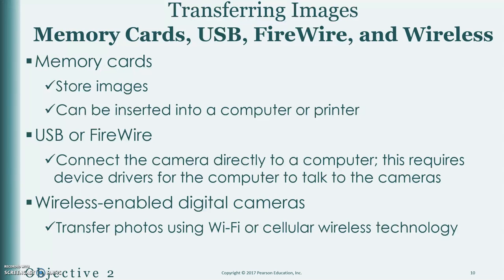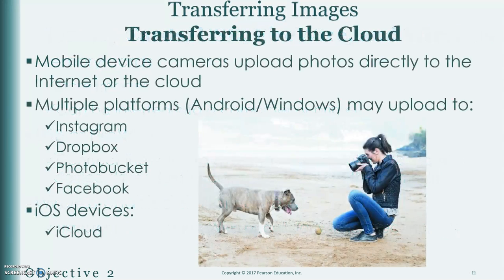Wireless-enabled digital cameras can transfer photos using Wi-Fi or even cellular wireless technology. Cameras that are part of a mobile device, like your tablet or your smartphone, let you upload photos directly to the internet or the cloud. Okay. Android devices upload to PhotoBucket or Facebook. iOS devices use iCloud to sync among multiple devices.